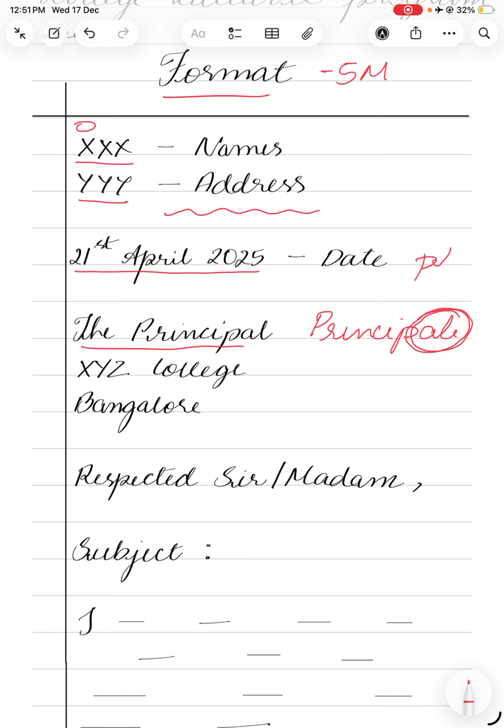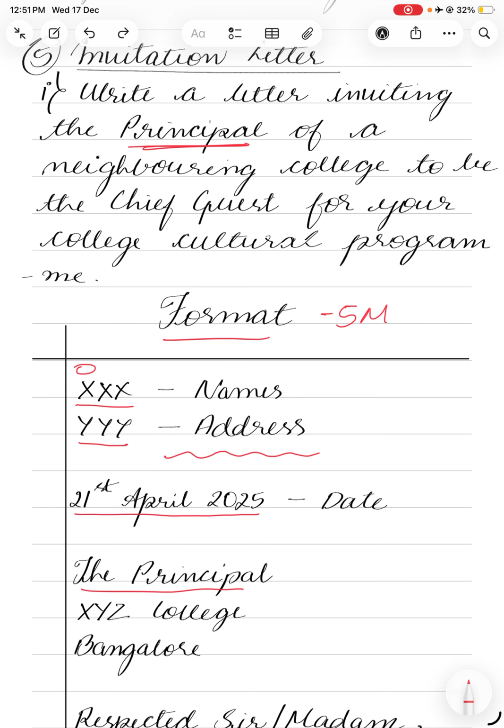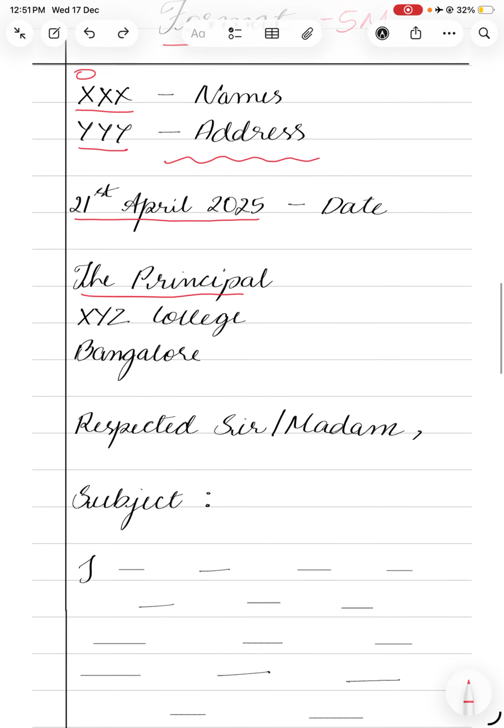You tend to write principal wrongly, or sometimes you make it as pale, things like that. So avoid doing all such things, and I want you to focus on the spelling here. Be very careful. Suppose you are in 10th, you're worried about things and you want to make sure everything is fine. Do not panic. Take a look at the question. So in the question itself you will be asked, right? So look at the question and then write down the spelling.